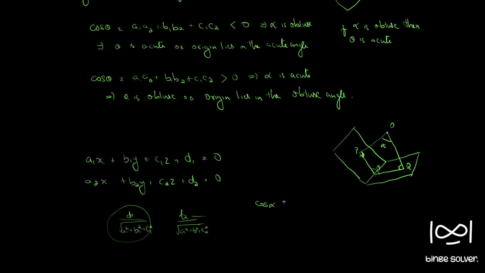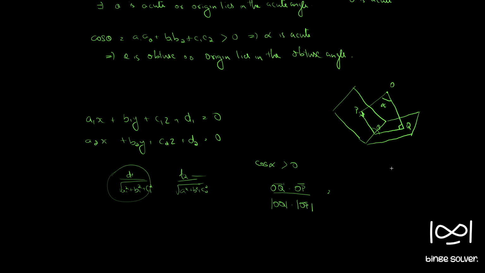So cos alpha will be greater than 0, and we know that cos alpha is nothing but vector OQ dot OP by the product of their magnitudes. Now, if you go and find the foot of perpendicular, suppose this point is x, y, z, and we know the direction ratios are a1, b1, and c1.